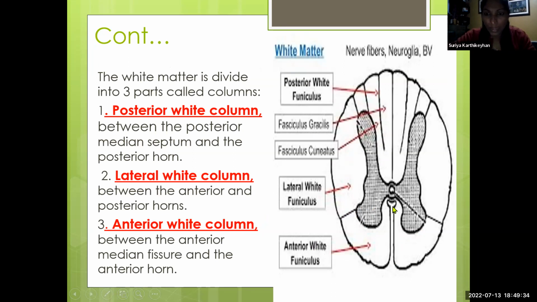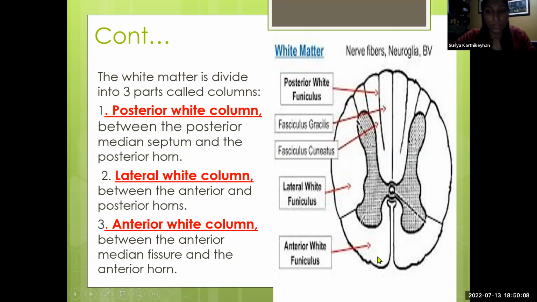This is the anterior median fissure, and posteriorly we have the posterior median sulcus and posterior median septum. The posterior funiculus or posterior white column is the area between the posterior median septum and posterior horn. The area between the posterior horn and the anterior horn is called the lateral white funiculus, and the area between the anterior horn and anterior median fissure is the anterior white funiculus.